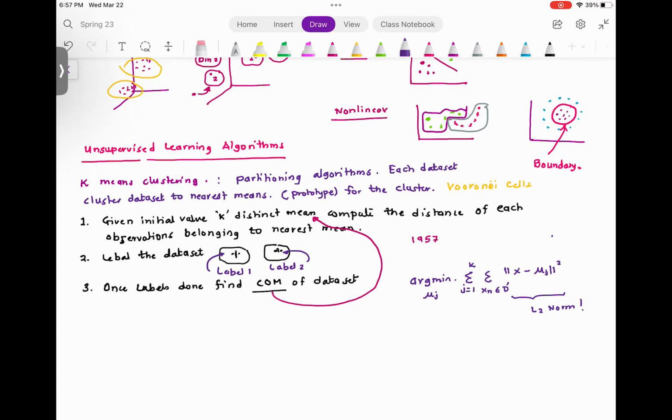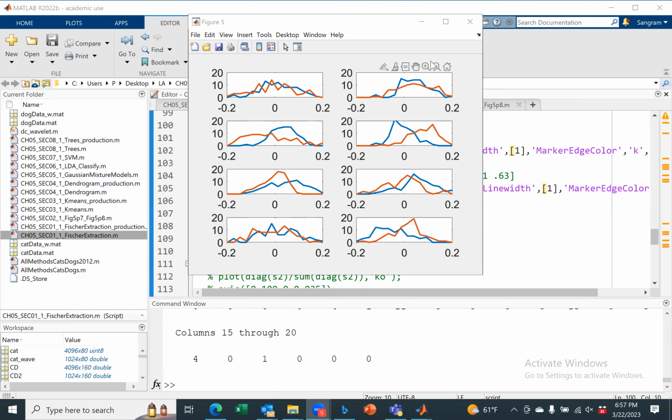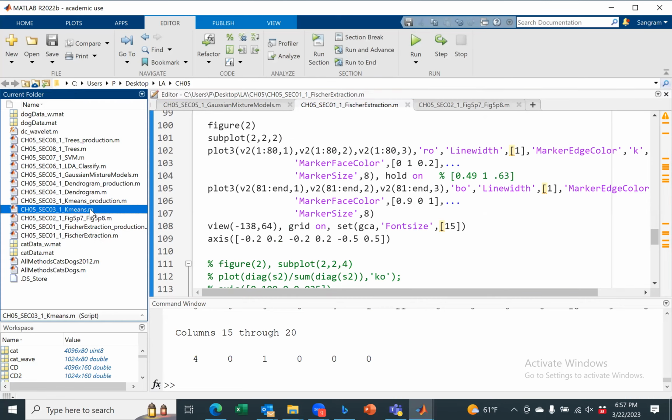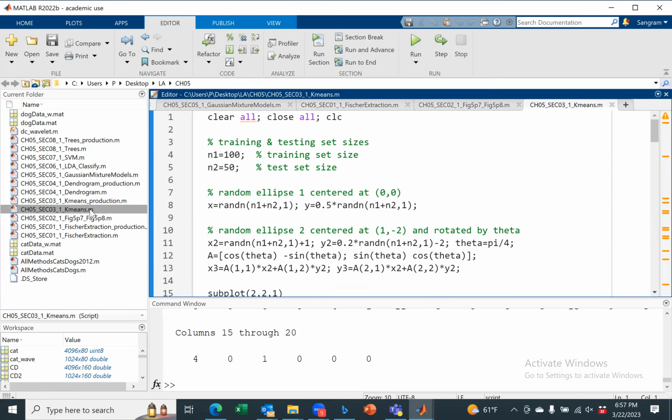We are going to go to MATLAB, and in MATLAB I'm going to look at something called k-means. Let me walk you through this code.